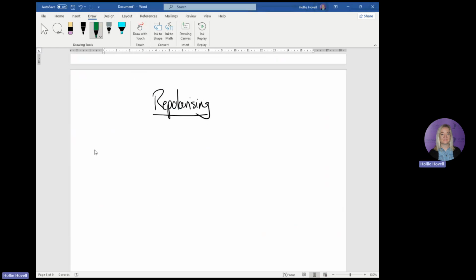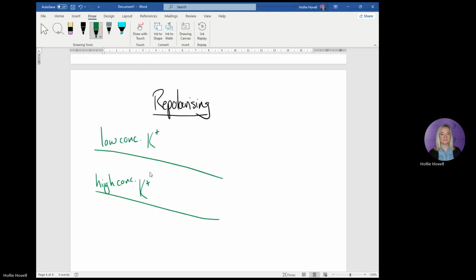And you remember that in the axon, we've got a high concentration of potassium inside and a low concentration of potassium on the outside. So all we need to do is open, this time, some potassium channels.